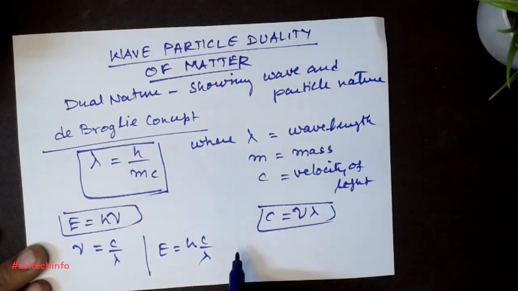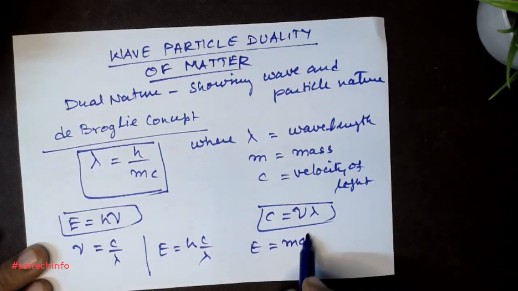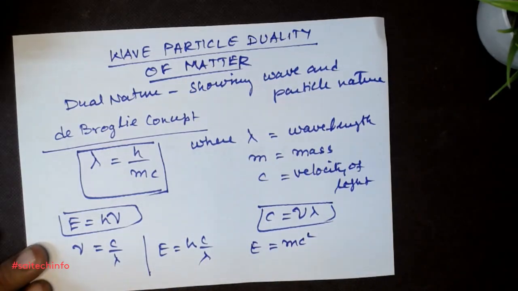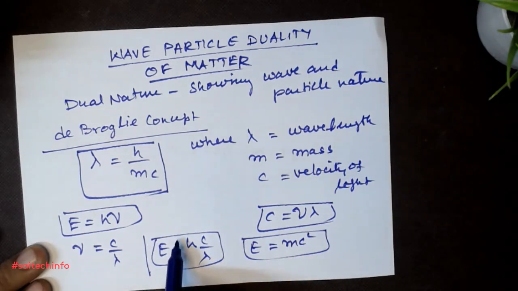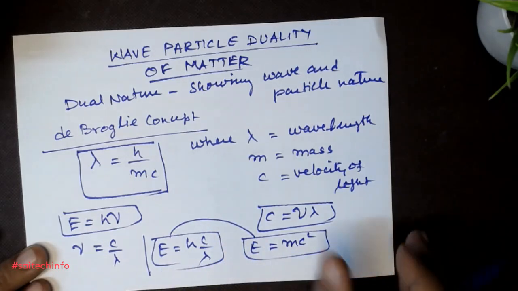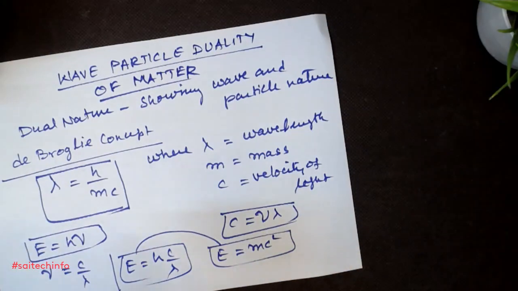And according to Einstein's equation, E is equal to mc squared. So he was able to compare these two energies. He suggested hc by lambda is equal to mc squared.